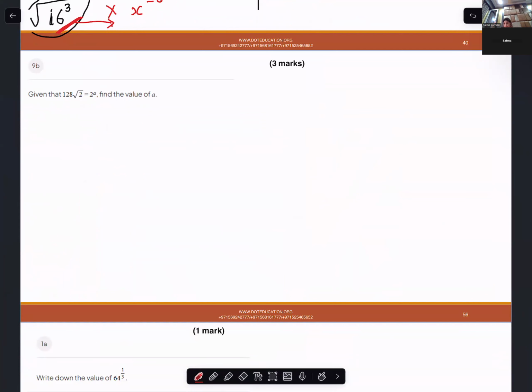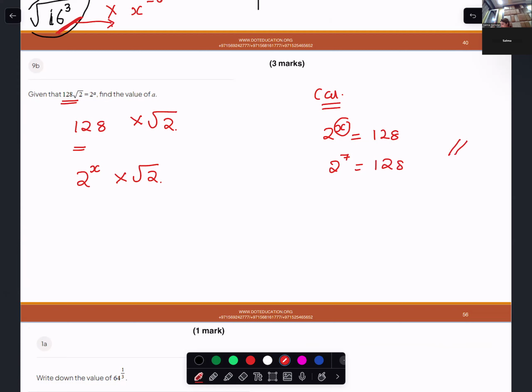You will find what is x. So I know 2 to the power something will be 128 and I will copy this root 2 exactly. So I know 2 to the power 7 is 128. Please ensure that you make the use of your calculator over here.